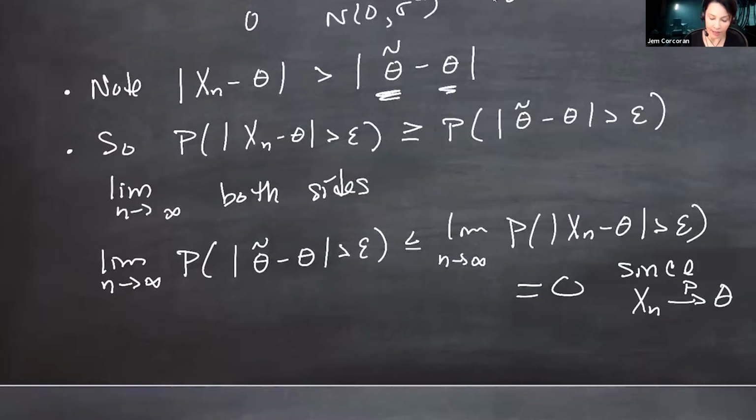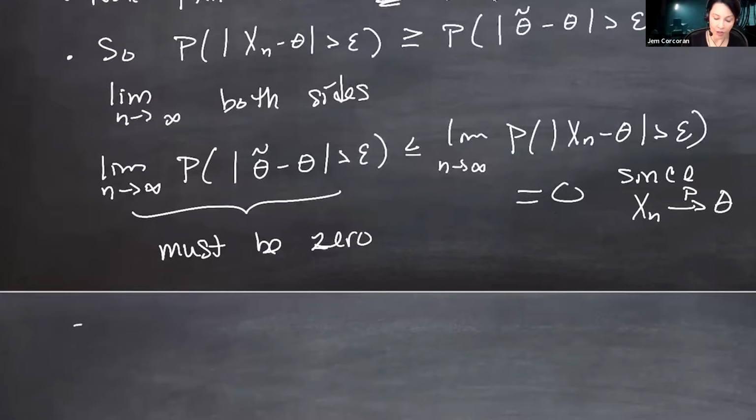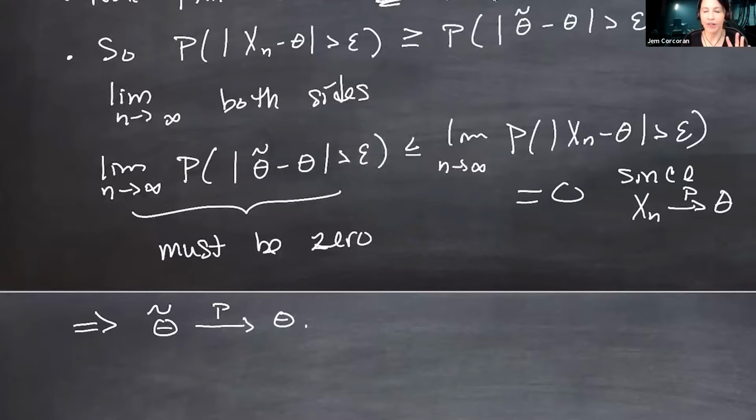That forces the limit down here to be 0, because it's bounded below by 0 and it's a probability between 0 and 1. So we have just shown that the random variable theta tilde is converging in probability to theta. And there is an implicit n hidden in there: theta tilde does depend on n because it depends on x sub n.